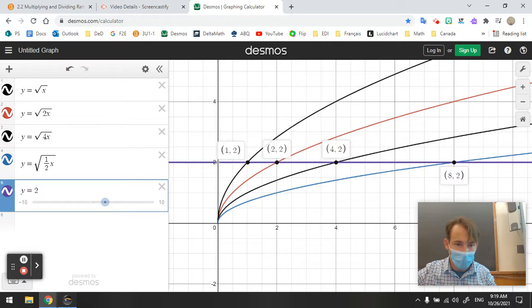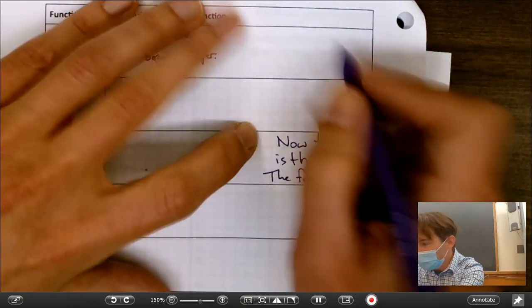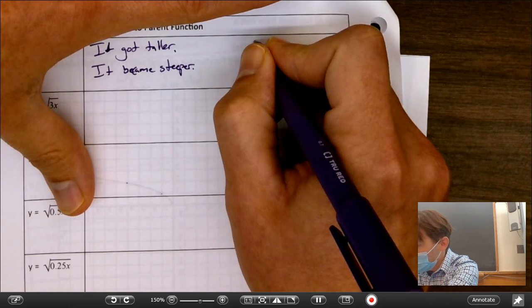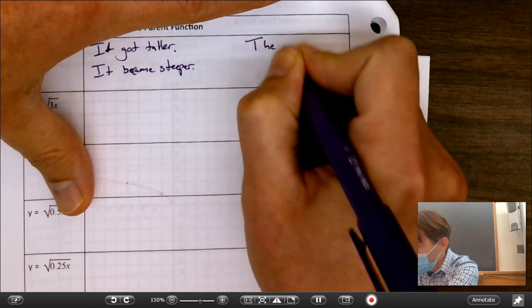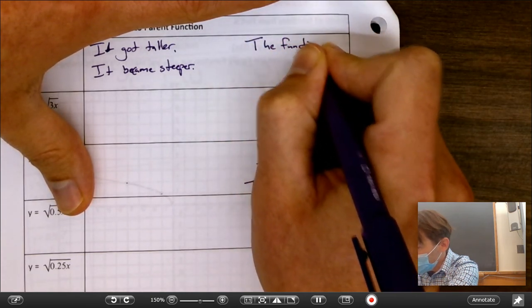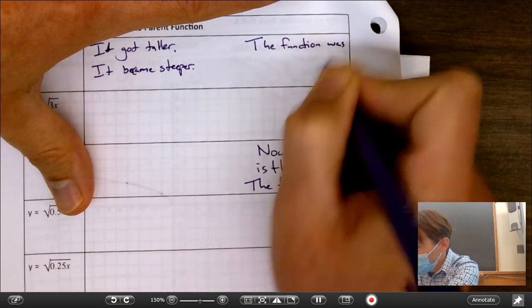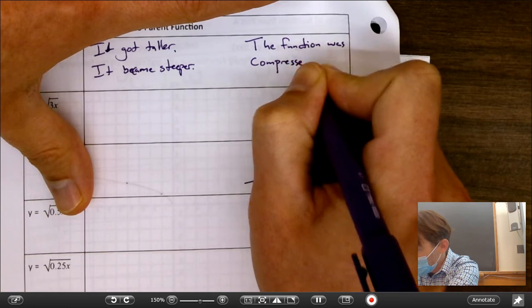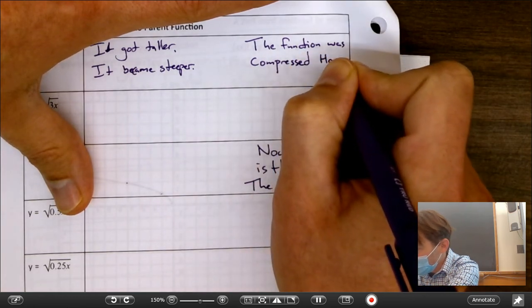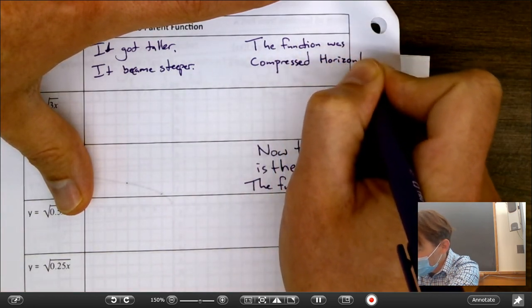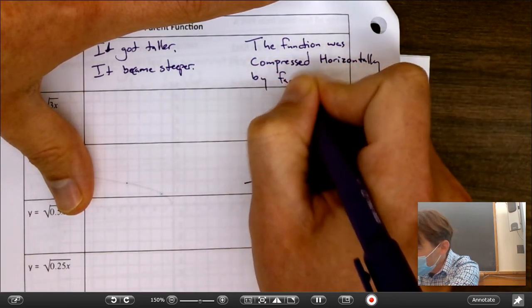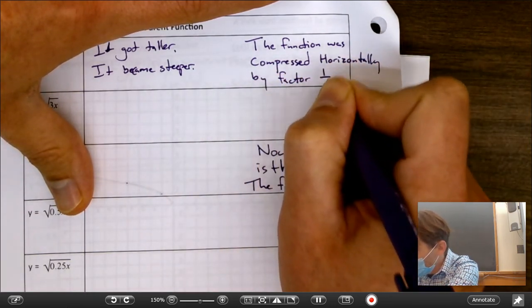So the formal language that we would use here would be the function was compressed horizontally by factor 1/2.